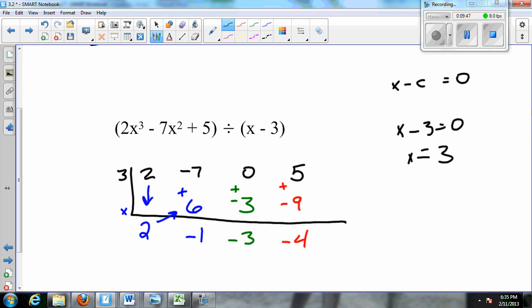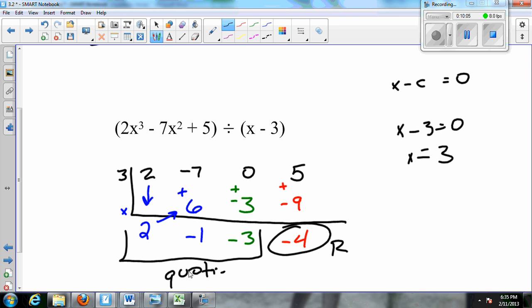The last term is always your remainder. And if it's 0, then there is no remainder. The numbers before it are your quotient's coefficients. And we just take one exponent away.